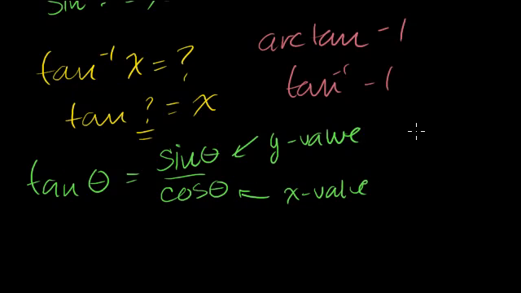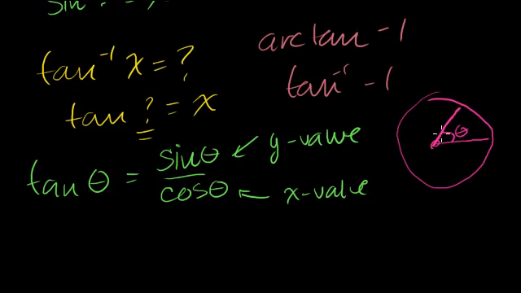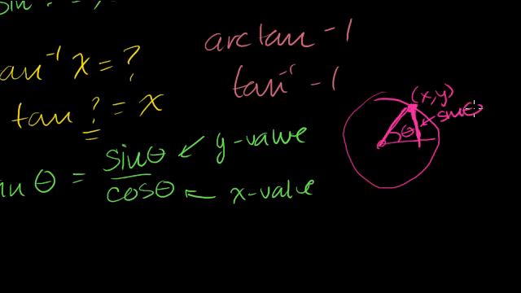So if I have a unit circle like that, and let's say that's my angle theta, and this is my coordinate x, y. We know already that the y value is the sine of theta, and that the x value is the cosine of theta.